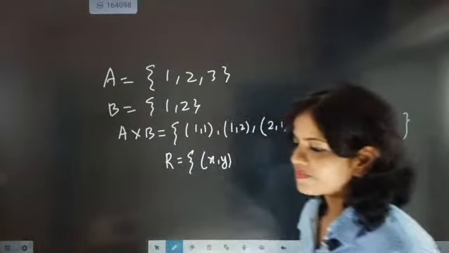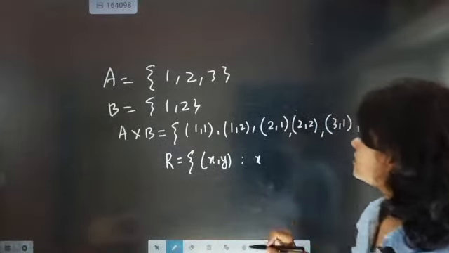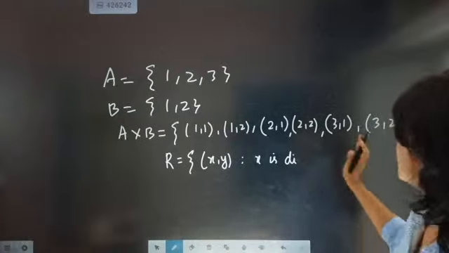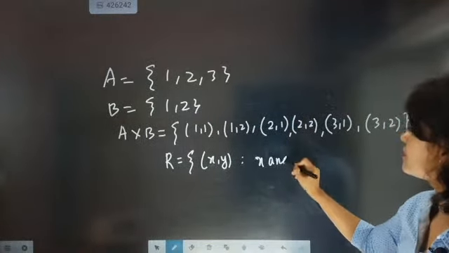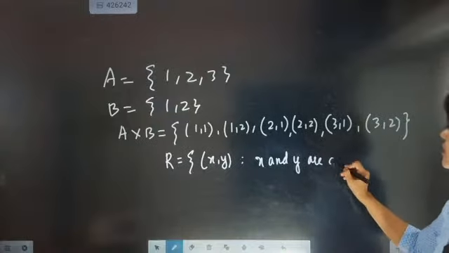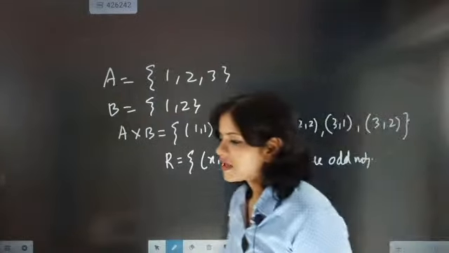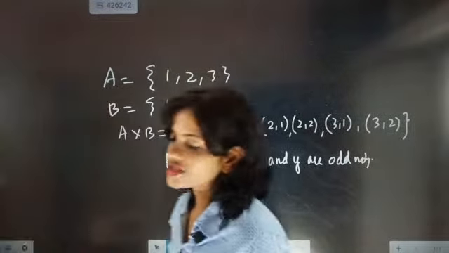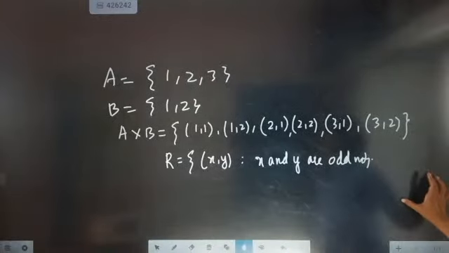The relation is (x, y) such that x and y are odd numbers. So (x, y) such that x and y are odd numbers. Now what can all be the relations here?